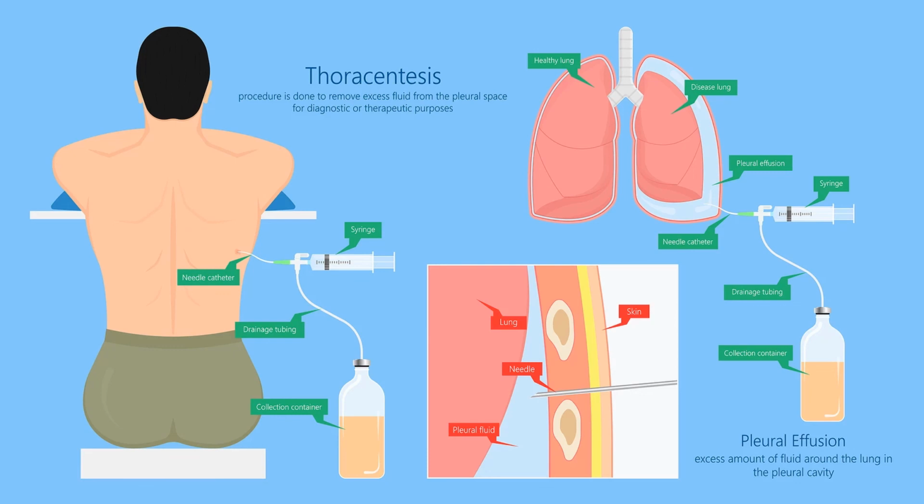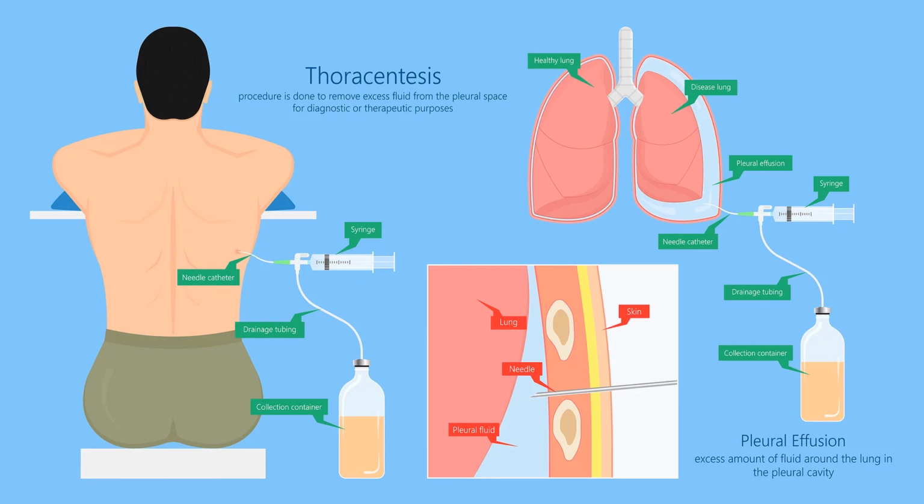And so you can see the patient is positioned in a sitting position with their arms on, usually we use the bedside table with a pillow on it. A needle is inserted with a catheter into the back, and it's attached to a bottle that has a vacuum seal in it.